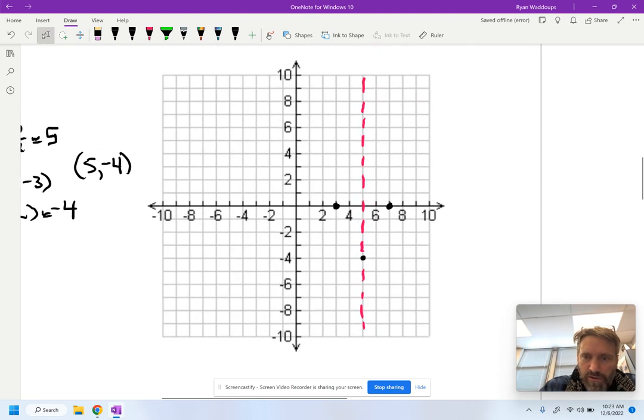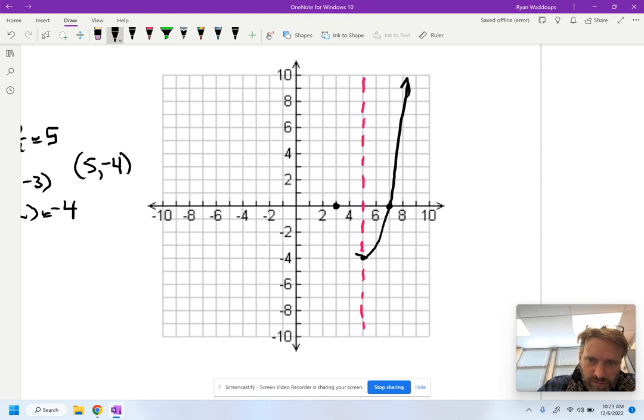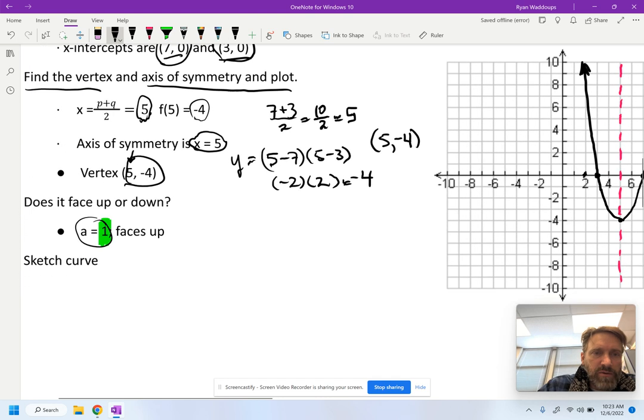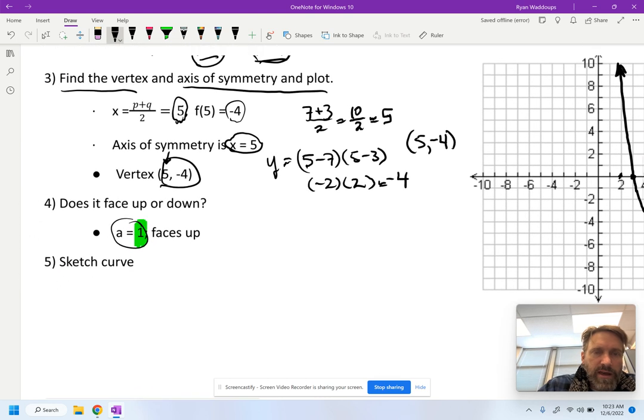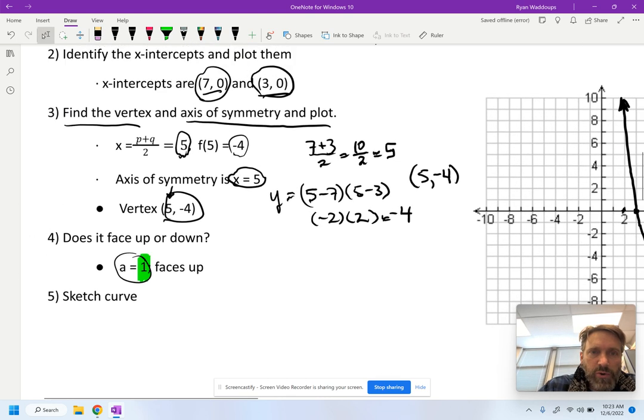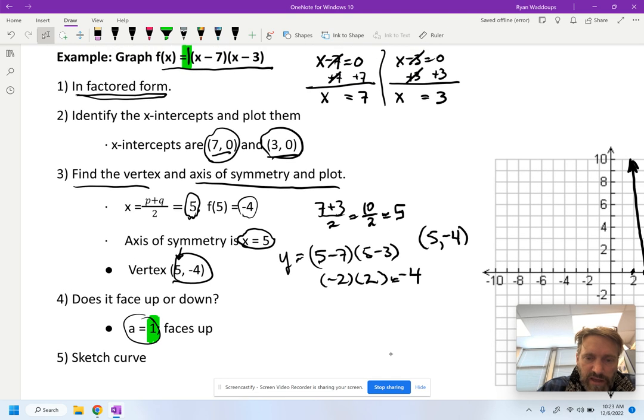So we can sketch the curve, and it looks something like that. Now, just like in standard form, if we want to know another value, like let's say what happens when x equals 2, you could just do like we did to find the vertex and plug 2 into the equation.